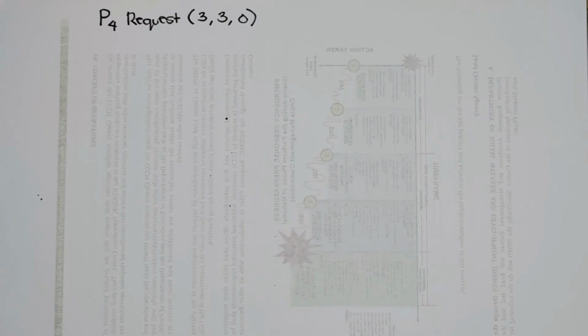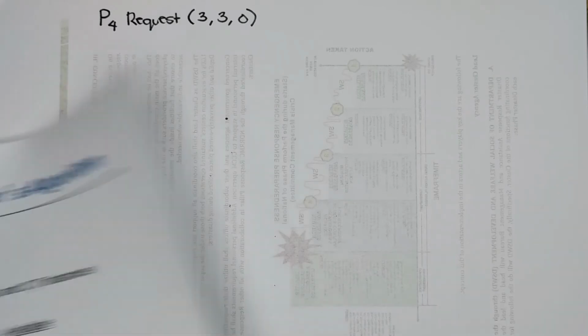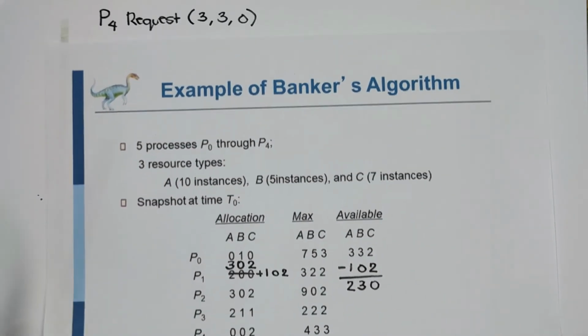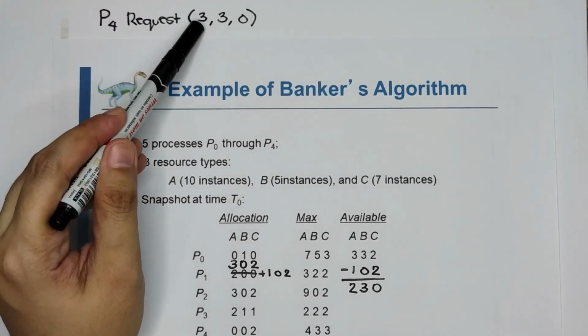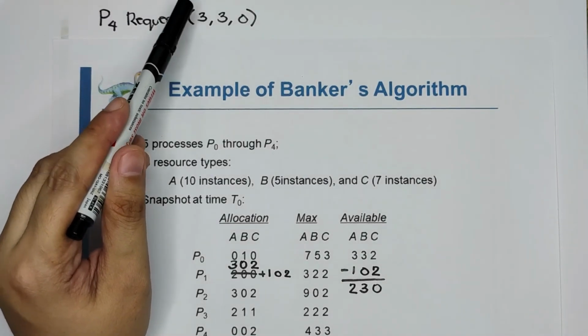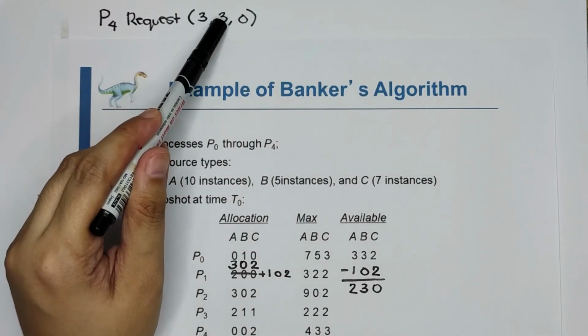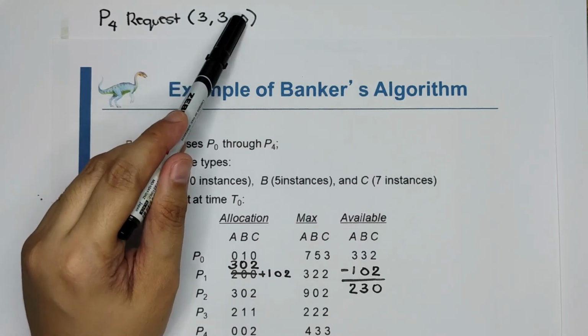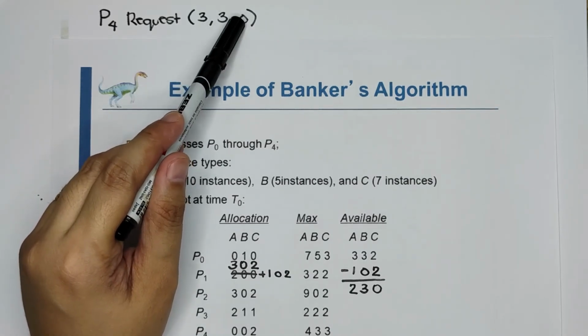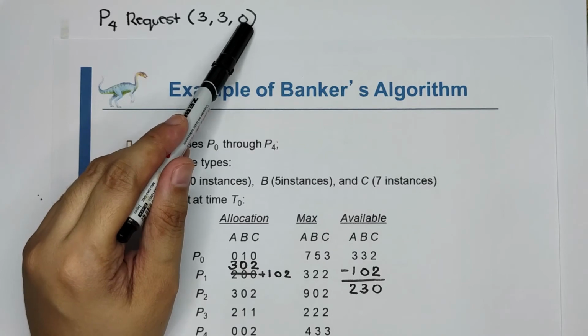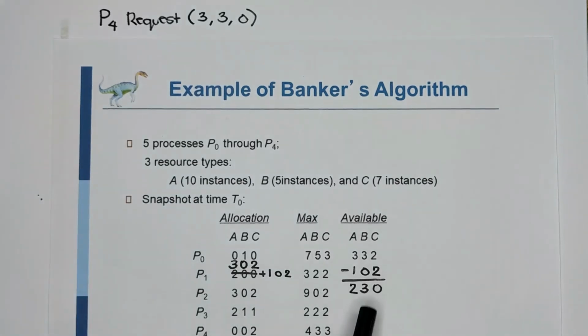So let's return to our example. P sub 4 needs 3 resources for A, for B is also 3, and it does not need any from resource C. As you can see, our available is 2, 3, 0. Okay, can the request be granted for this one?